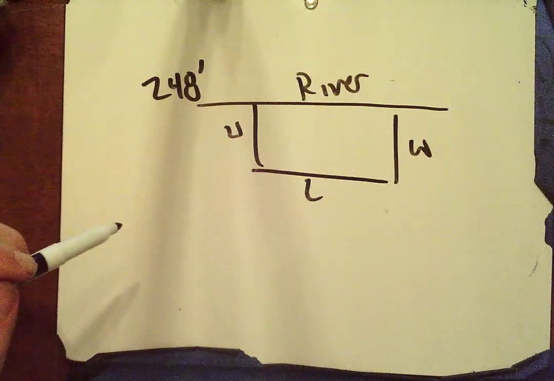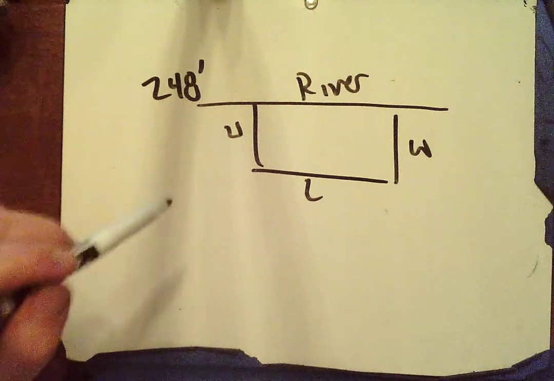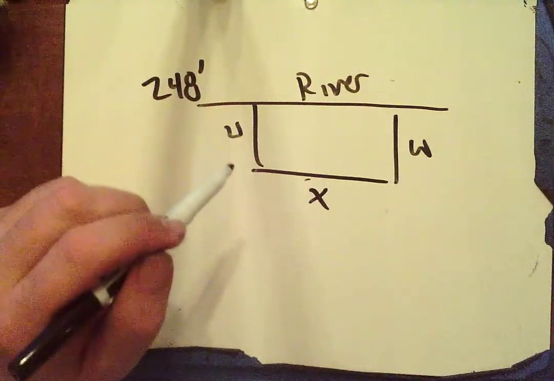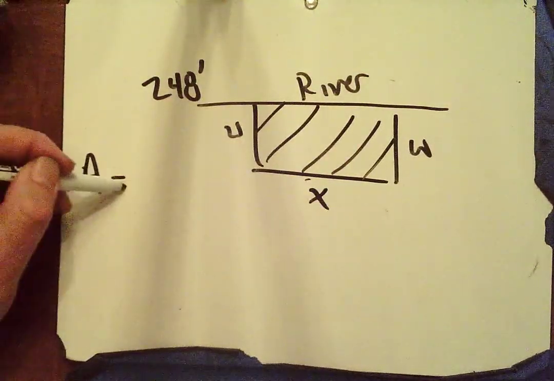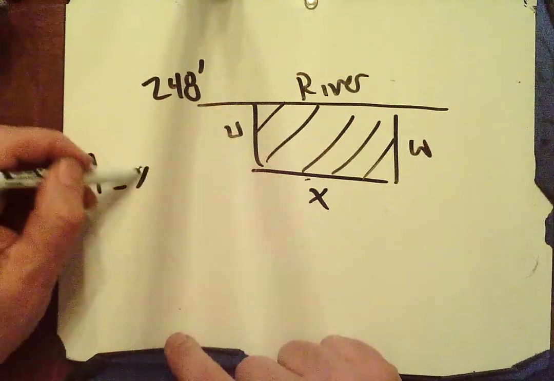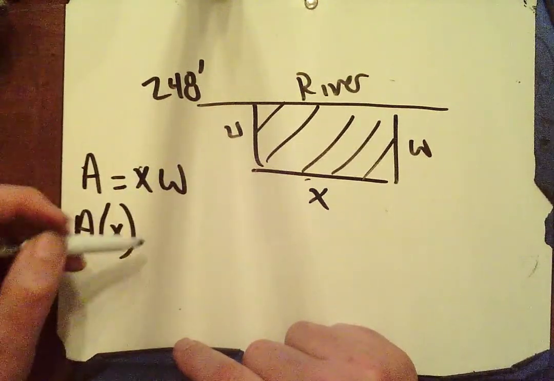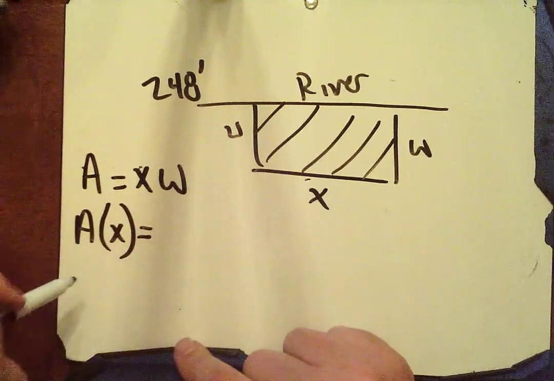She wants to find the area of this rectangle as a function of x, and they say that x is the one parallel to the river. Okay, so area equals length times width. But wait a minute, we were asked for area as a function of x, not as a function of x and something else, just x's.